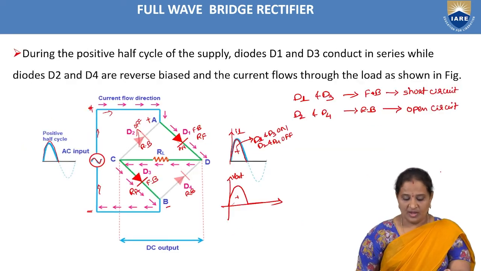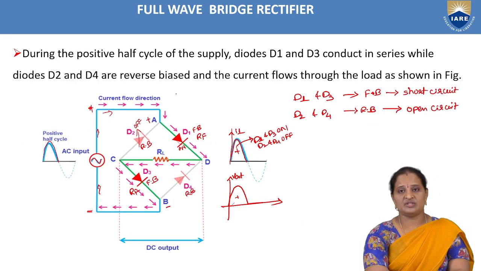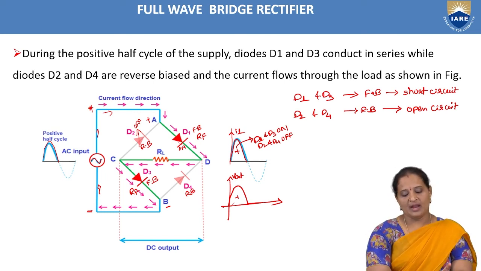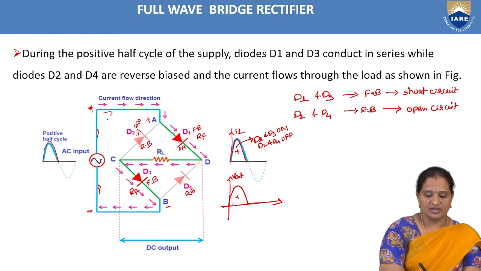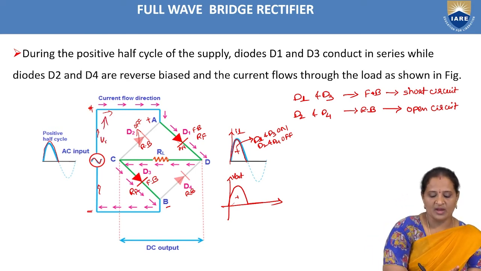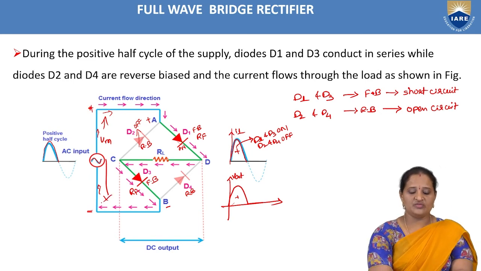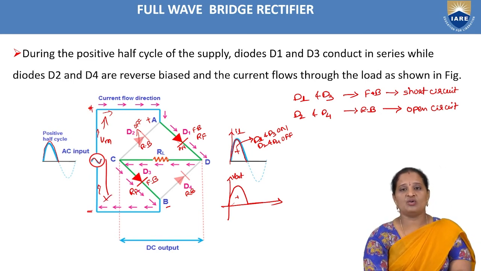So during the positive half cycle or the negative half cycle, 2 diodes are conducting and 2 diodes are non-conducting. As a whole, we are going to get Vm voltage at the secondary winding, which will be dropped across the diodes D2 and D4 in this case. Similarly, in the previous case, D1 and D3.